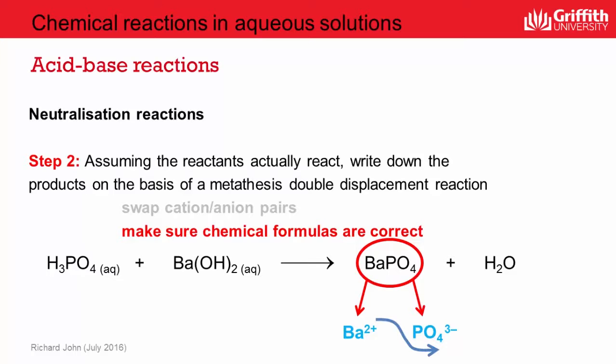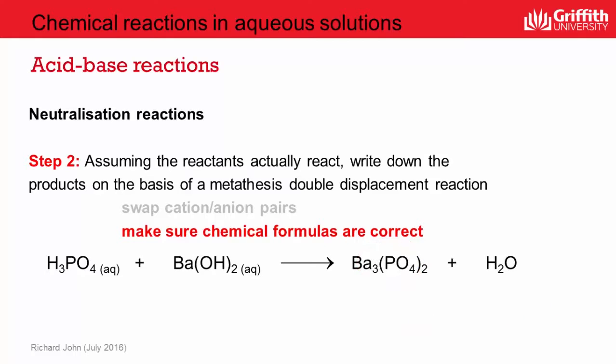So if we do our crisscross method here, we can take the 2 from the 2+ charge of the barium and put it down as the subscript for the phosphate ion. We can take our 3 from the 3- charge on the phosphate ion and put it down as the subscript for barium. And so the chemical formula for barium phosphate, Ba3PO4, and so we need to write that chemical formula in there now.